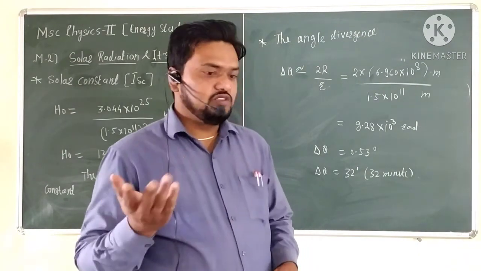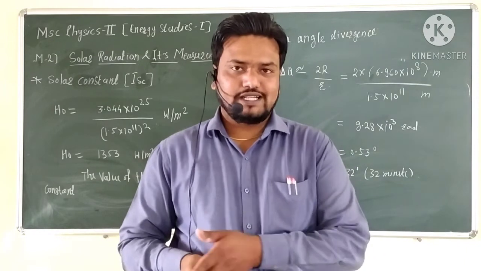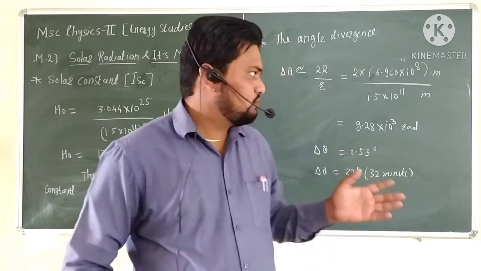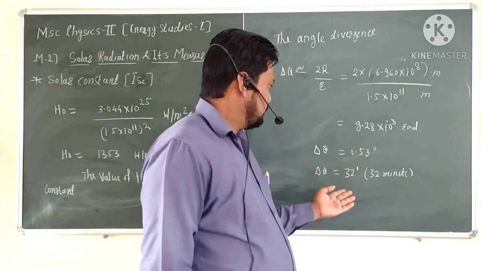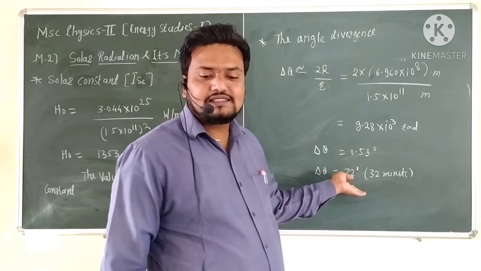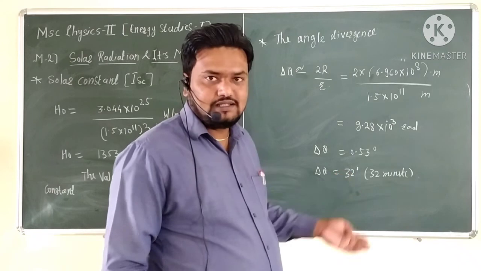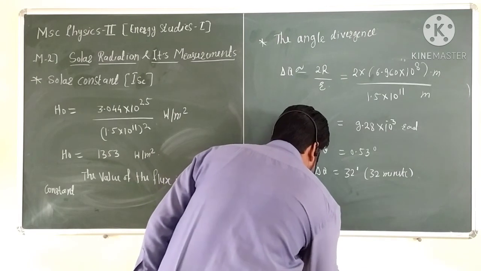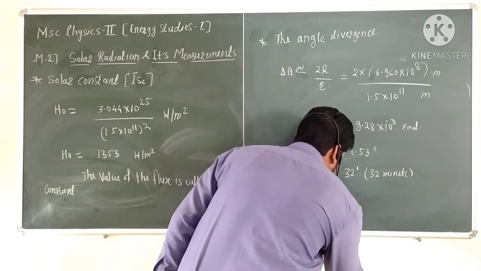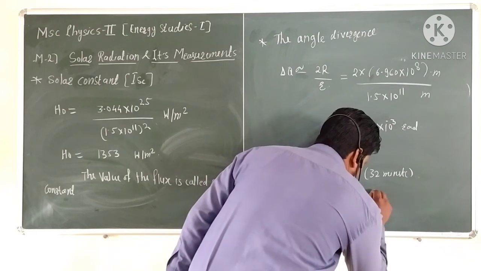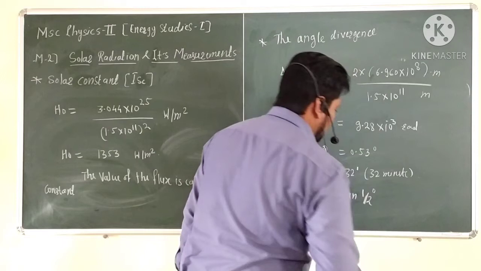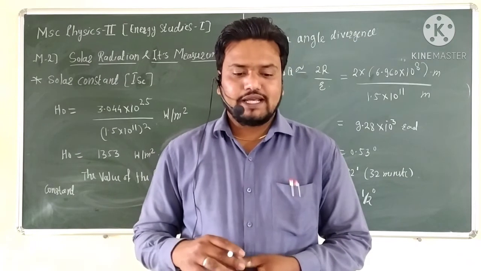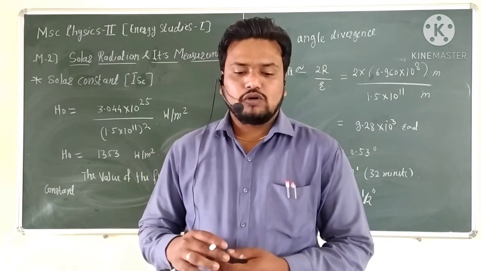So that is the calculation of the angular divergence, which is 0.53 degree or 32 minutes, slightly more than half a degree, so the flux making the solar constant can be approximated as monodirectional radiation.